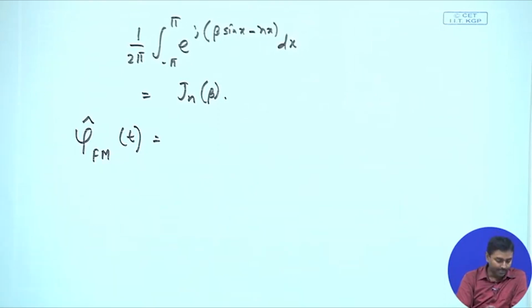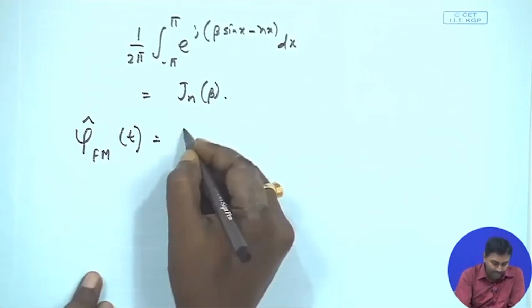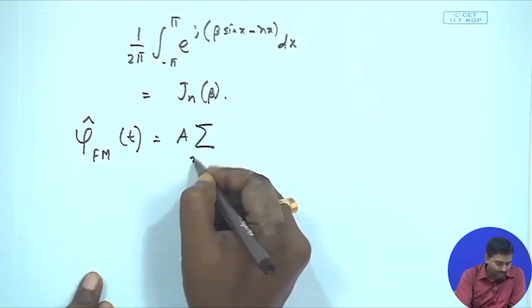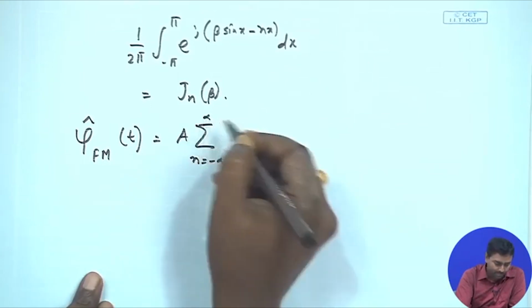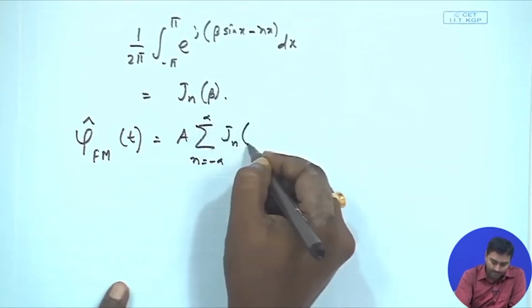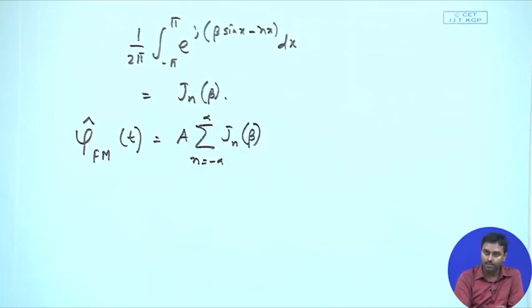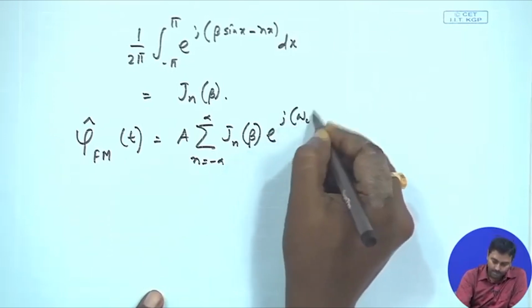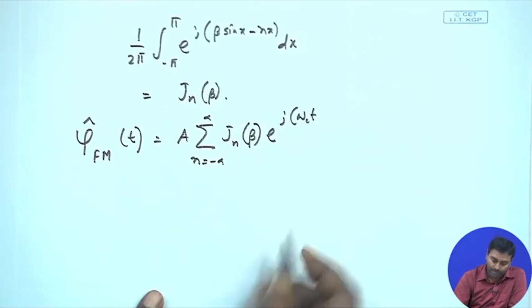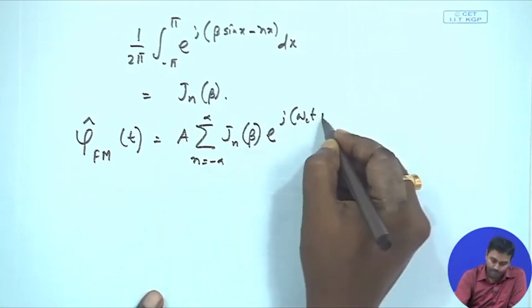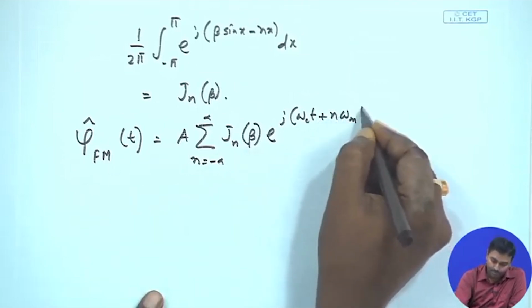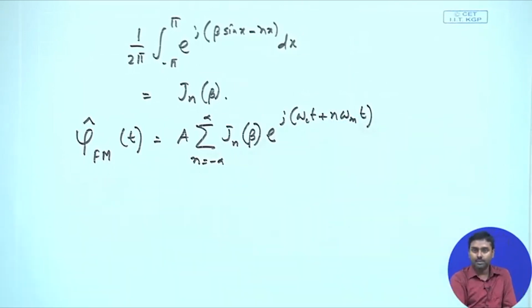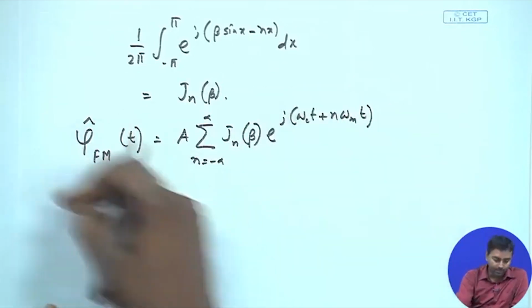So, I can represent this whole thing as a summation, n goes from minus infinity to plus infinity, J_n(β), which is that coefficient, and I will have e to the power j ω_c t, which was already there, multiplied by e to the power j n ω_m t, which is coming due to the Fourier series representation.